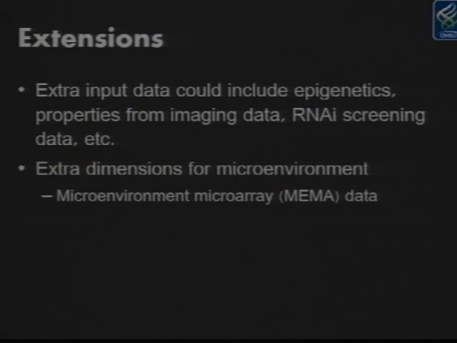There's a big project going on starting here at OHSU through the LINKS grant for this type of data, this microenvironment microarray, where cells will be grown in different microenvironments, and we'll see how those microenvironments influence the growth of the cells. So that was one extension that I had in mind from the beginning of the study, and I hope to work on that data as well once I have this framework set up.